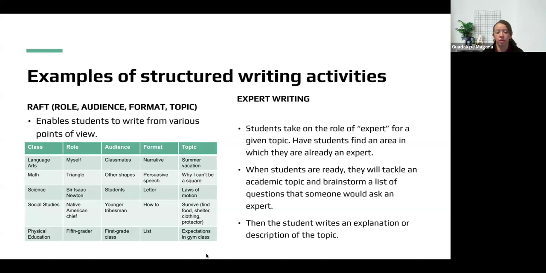And this is also another great structure: the role, the audience, the format, the topic, and this is more for the persuasive writing activities. So here's where you can use them in language arts, math, and science: the role, the audience, the format. And again, this is probably more for high school.